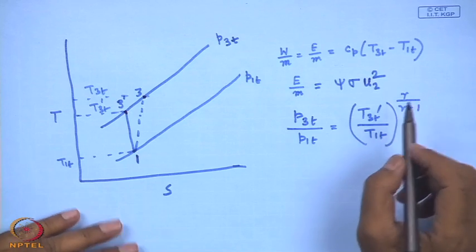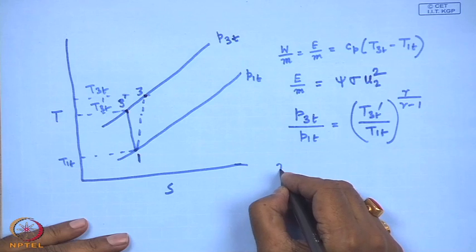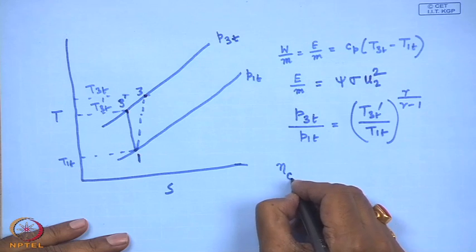Now, if we have to relate this T3 dash to T3T, we have to take care of the isentropic efficiency of the compressor.